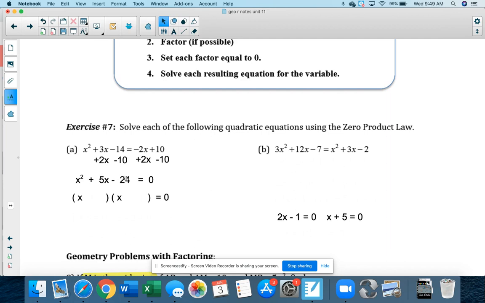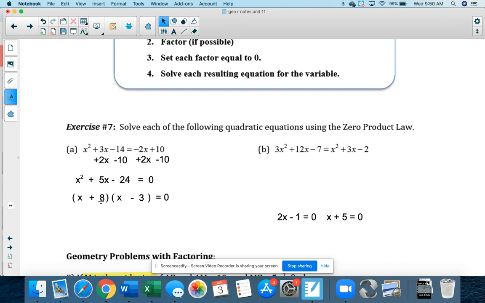So I'm thinking of my factors of 24. I have 1 and 24, 2 and 12, 3 and 8, 6 and 4. The only ones that are going to combine together to give me 5 are a positive 8 and a negative 3. 8 times negative 3 is negative 24, and 8x and negative 3x is a positive 5x.